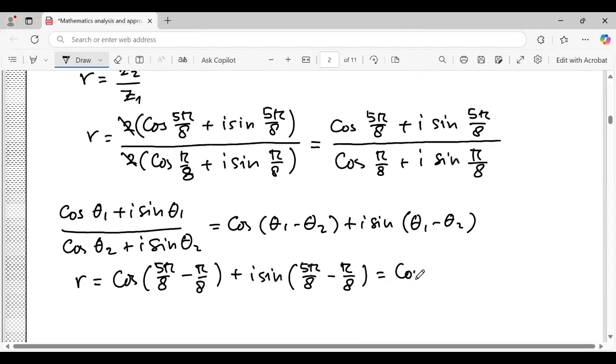That is cosine 4 pi over 8 plus i sine 4 pi over 8. So it's going to be cosine pi over 2 plus i sine pi over 2.